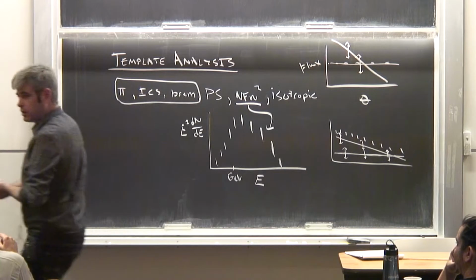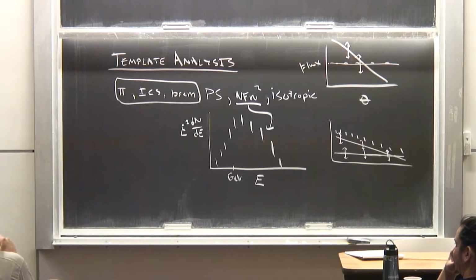Yes? Yeah, well, I have a question, but also I guess one way to rephrase that is that there are photons in the data that are better captured by the NFW squared template than the other templates, the background templates, and they're not getting absorbed into the other templates. My question was, did you mean that in your analysis at each energy bin you also fit the slope of the NFW profile?